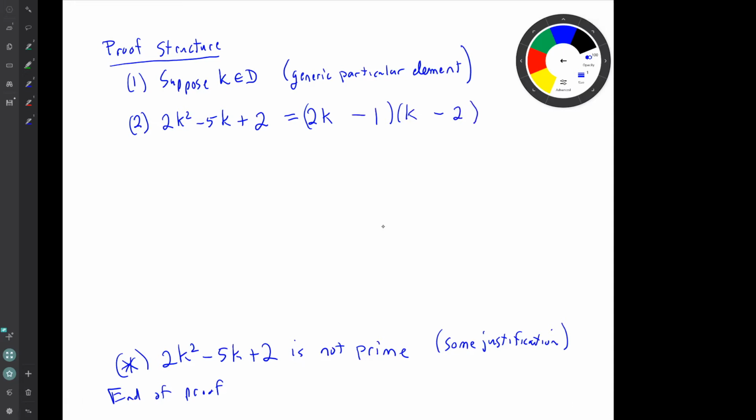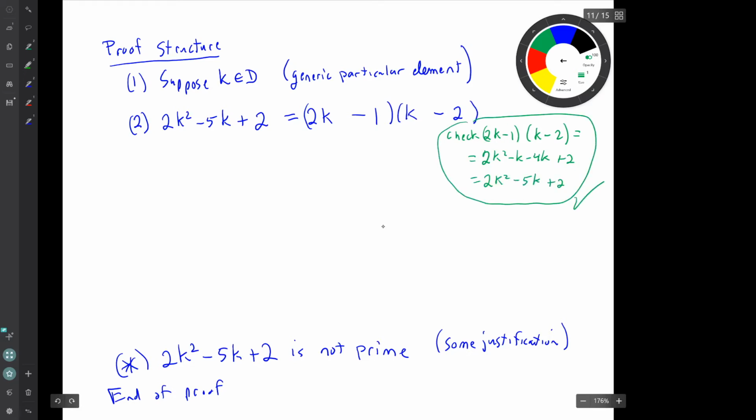There's a factorization. When you multiply those terms out, let's check. So our check worked. Oh, so look, that expression there can be factored.